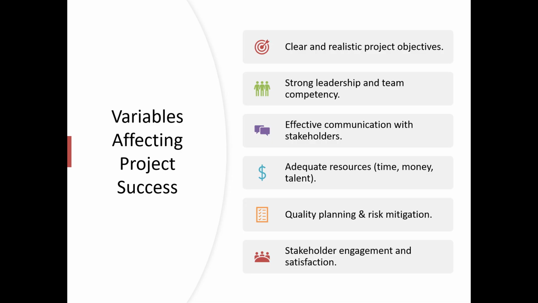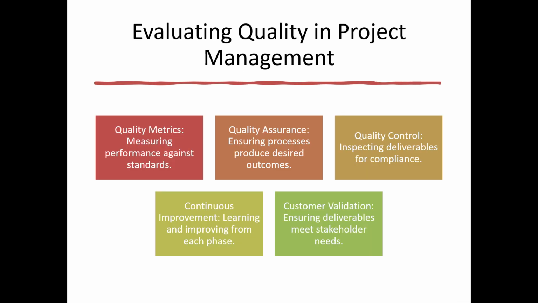Now, moving to the next slide, which is evaluating quality in project management. To evaluate quality in a project, several elements come into play. First, we look at quality metrics, which allow us to measure performance against set standards. Next, quality assurance ensures that the processes being used are effective and consistent.